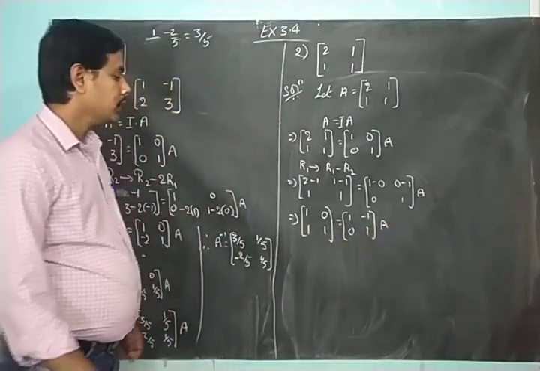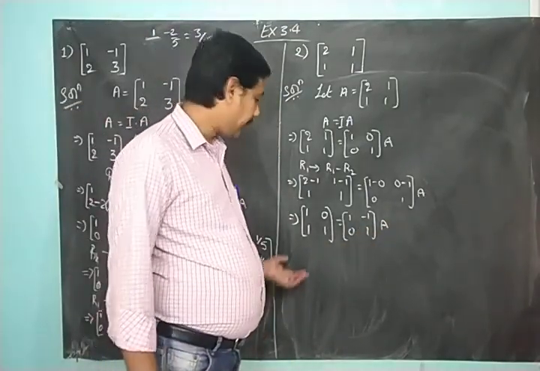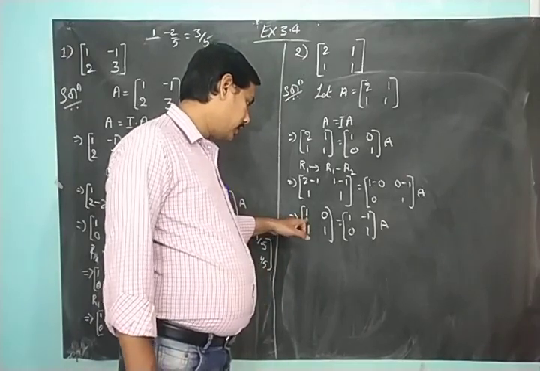Okay. So this is A is equal to I into A. We have simplified.